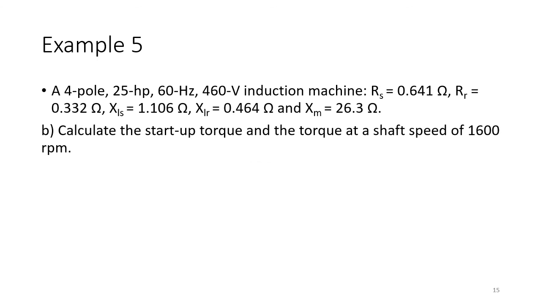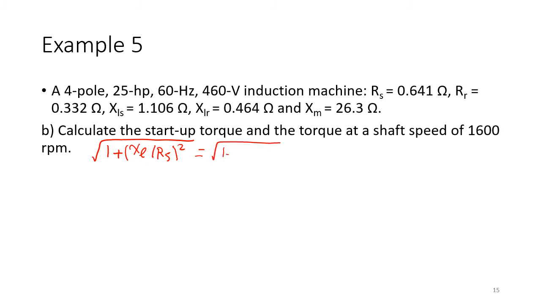Part B asks us to calculate the startup torque and the torque at shaft speed of 1600 RPM. Because the term 1 plus XL over RS square is repeating very much, let's calculate it once and get rid of that.